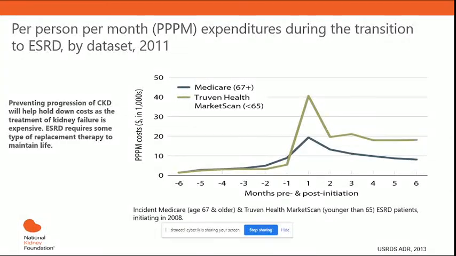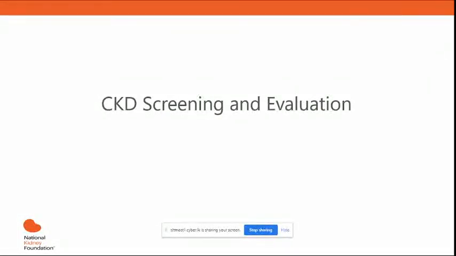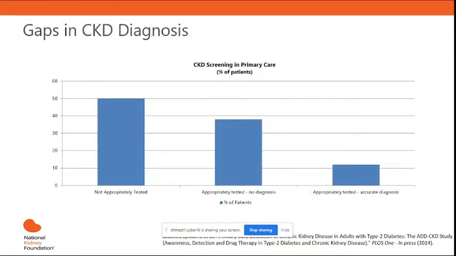But when you reach end stage and are on renal replacement therapy, your expenditure increases to about $20,000, right? So the care of end-stage renal disease is very costly. Therefore, preventing progression of CKD will help to cut down the healthcare cost.